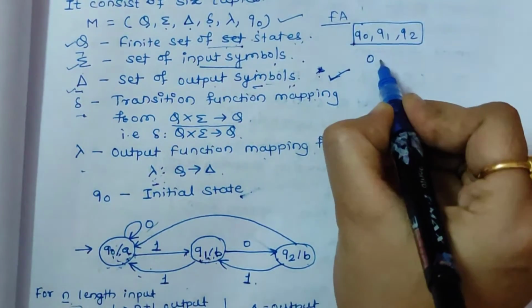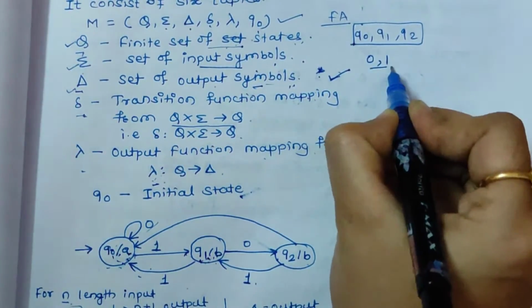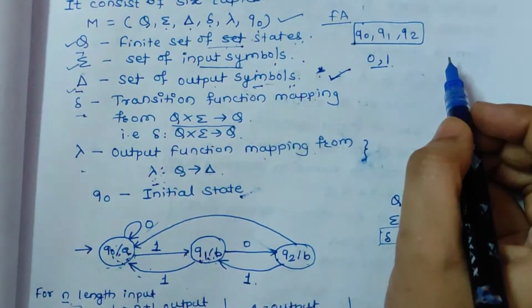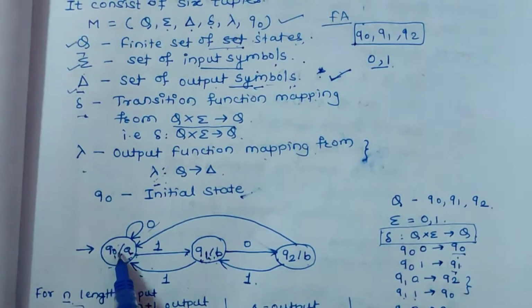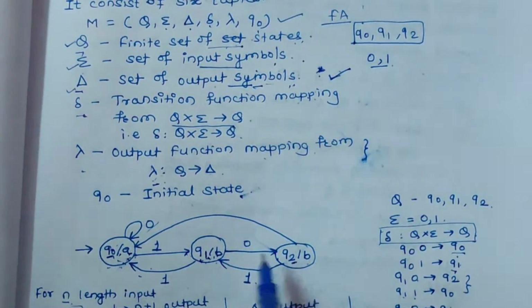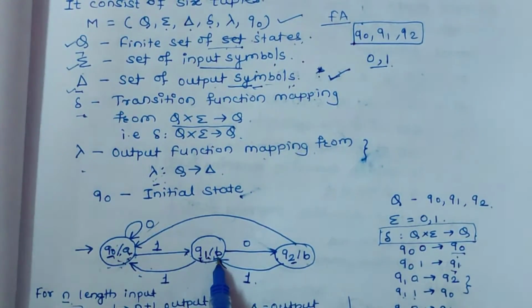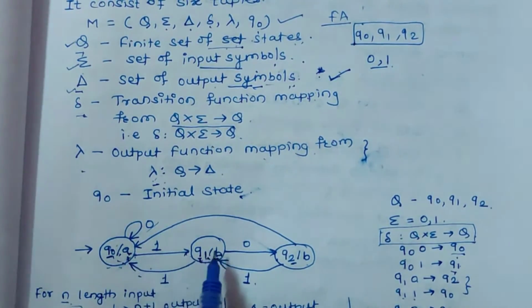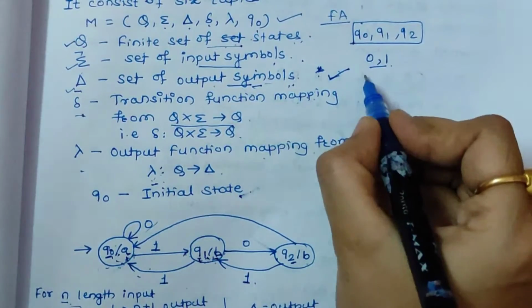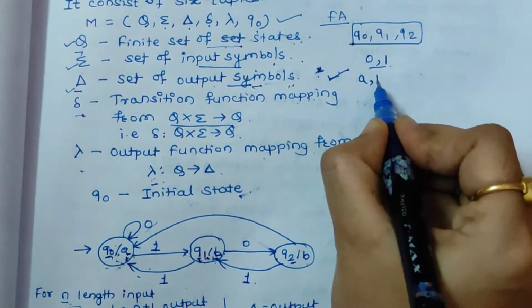So input symbols are 0 and 1. Now here you can see delta is the set of output symbols. Along with the states there are outputs associated with each state. Only two outputs we can see, that is A and B. So we can write the outputs as A, B.